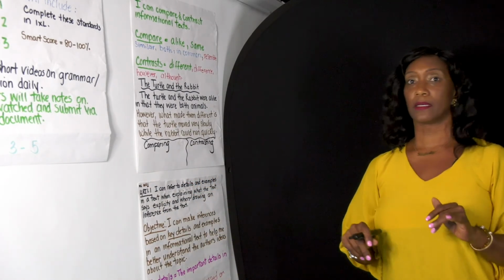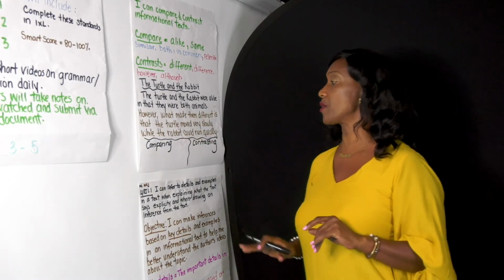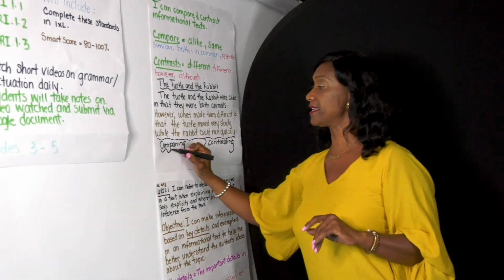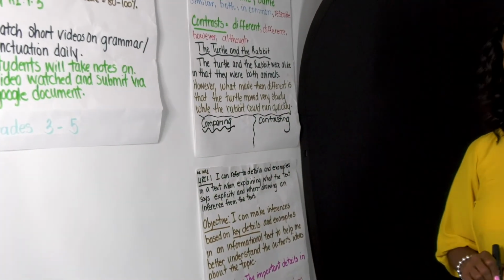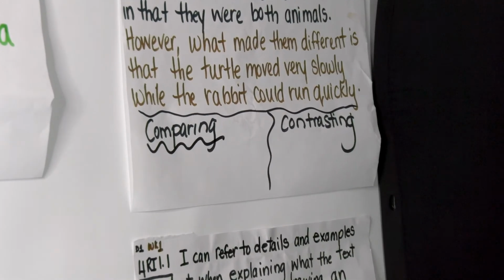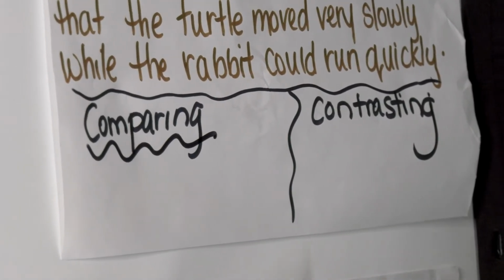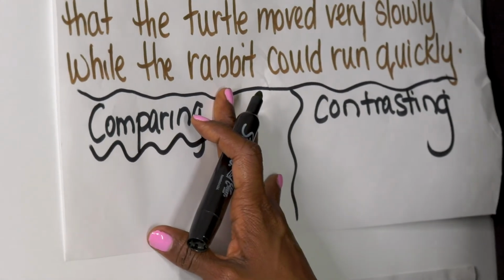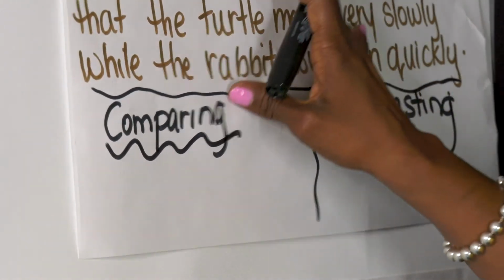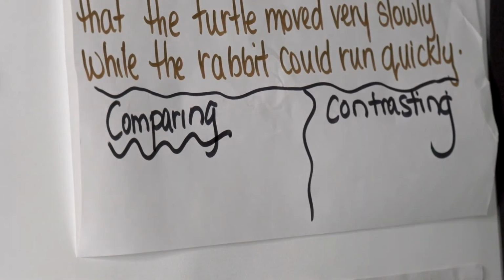Okay, campers, let's take a look at that short story right there. So we know that when we compare, what are we looking for? Did I hear somebody say we look for the things that are the same? You are so right. We look for all the things that are the same with the two individuals, the two animals, the two things that we are comparing.